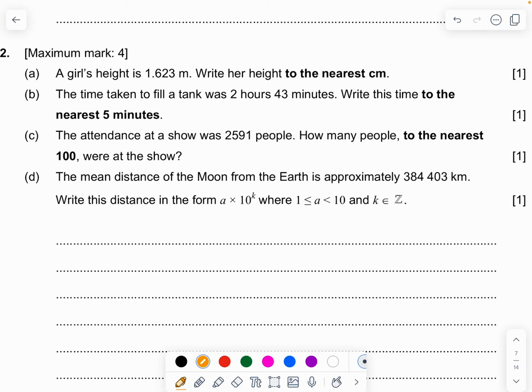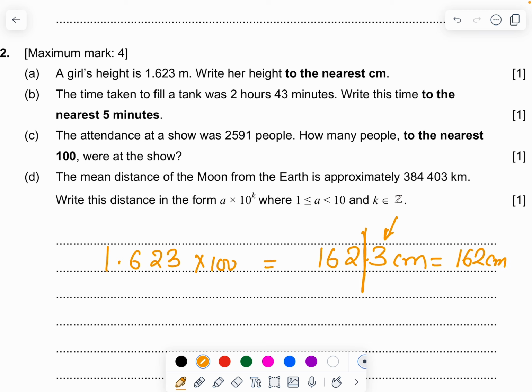Question number 12. A girl's height is 1.623 meters. Write to the nearest centimeter. So 1.623 meters to centimeters is multiply by 100, 162.3 centimeters. So nearest centimeter, draw a line and you can see that it is less than 5, so the answer is 162 centimeters.